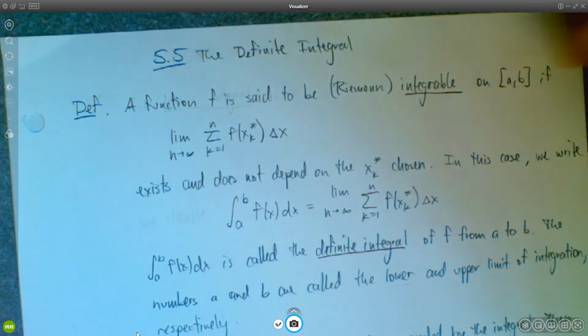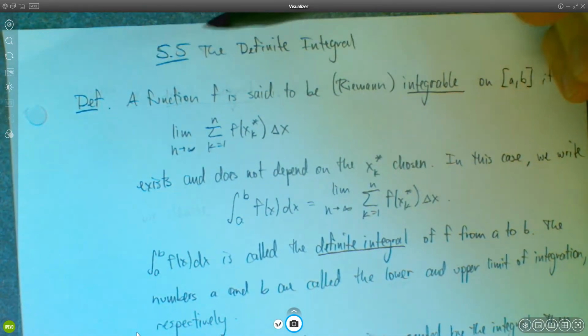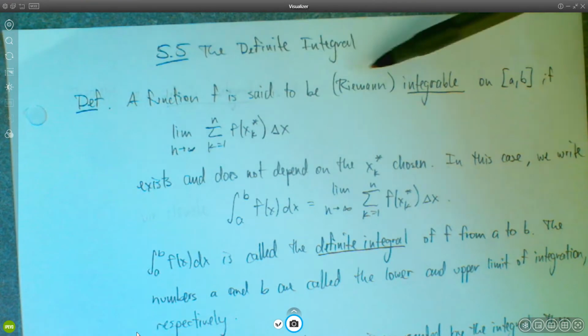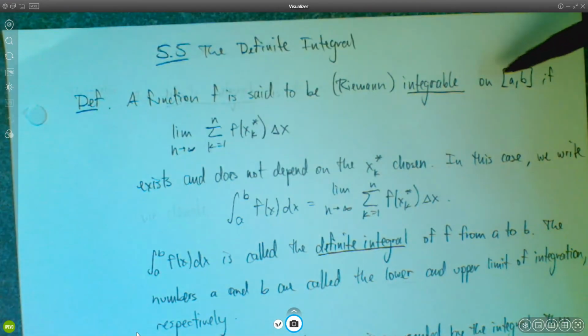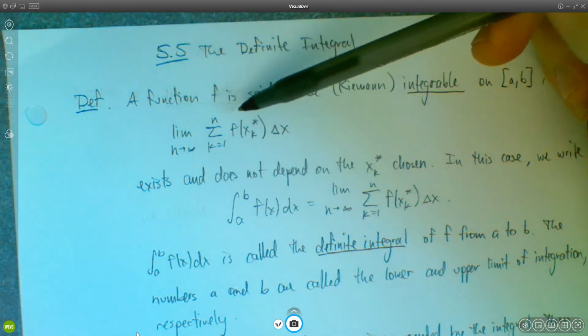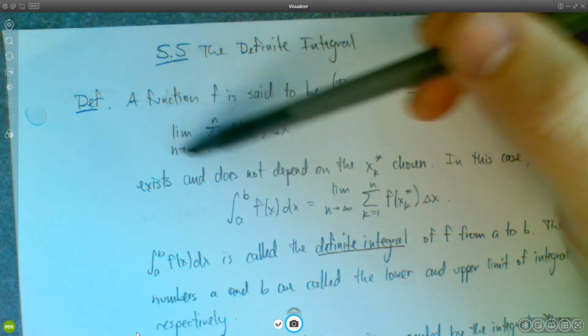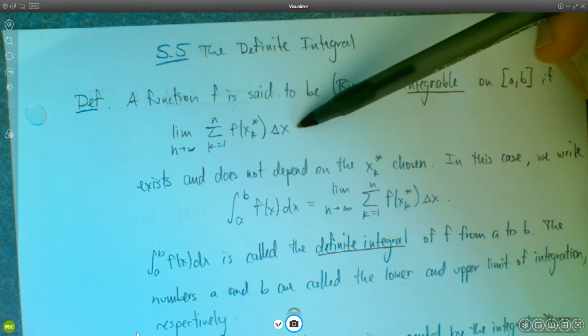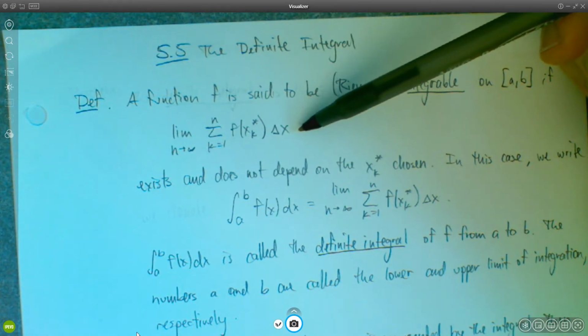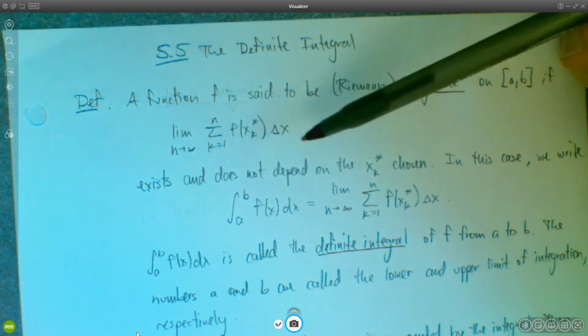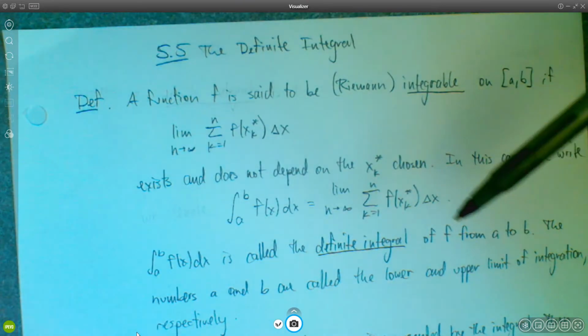So first of all, a function f is said to be Riemann integrable on [a, b] if this limit exists. And remember, this is the area, or rather the net signed area of f.